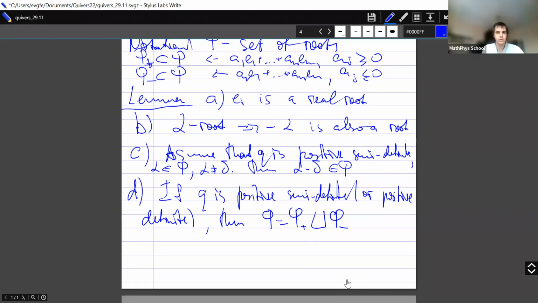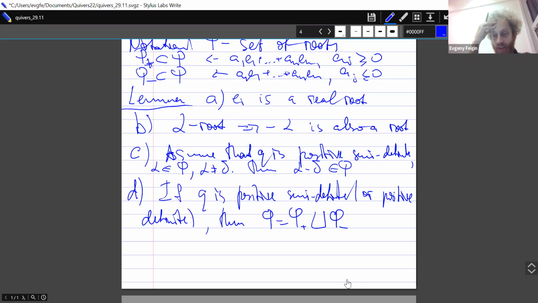Sorry, may I ask? Yeah. The roots here somehow correspond to the maximal roots of a representation of a Lie algebra? The correspondence is as follows. We'll elaborate on it more, but in short, the claim is as follows. If you have a Dynkin quiver of type A or D, then there is a Lie algebra which corresponds to this Dynkin quiver.